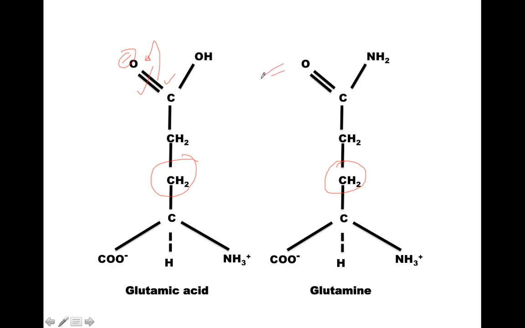So if I ask you which one will be more hydrophilic, of course it would be glutamic acid. More polar, charged, and so it is more hydrophilic in comparison to glutamine, right?